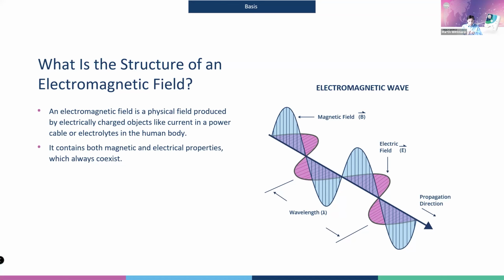If you switch on the light in your room, then some cable usually goes to this light, and this cable can only produce a magnetic field if current is going through, but is also always creating a magnetic field if current is going through. So if your light is on, there is a magnetic field in the cable that leads to the light. And the same is also if you have electrical charges in your body or electrolytes.